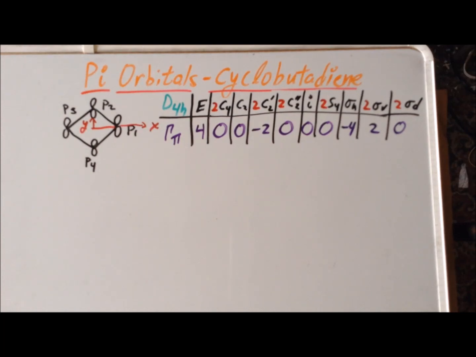The second step we are going to take is only to show the irreducible representations that make a non-zero contribution to the reducible representation, because there are 10 irreducible representations in the point group D4h, and it will turn out that there are only 4 of those that actually contribute to the pi system. So the first of these is Eg.